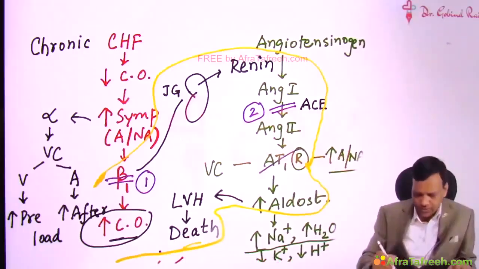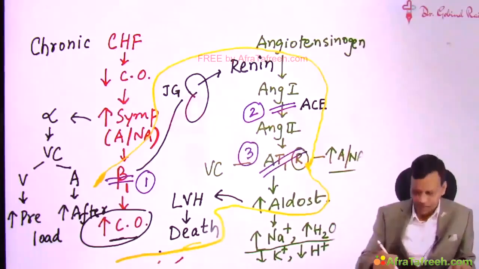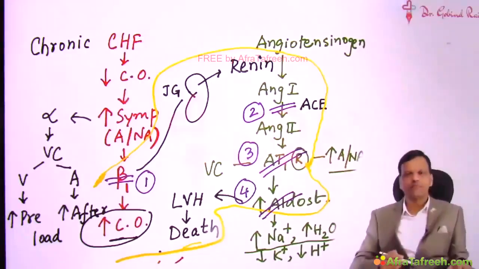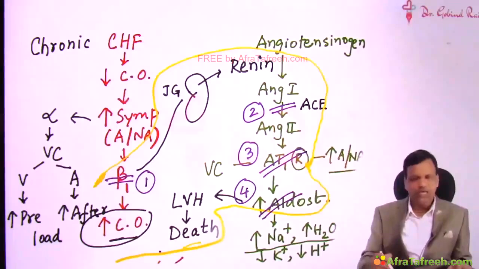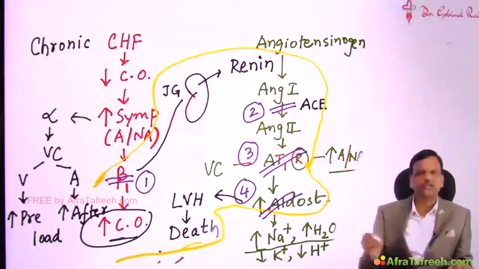Third, we can use AT1 receptor blockers, angiotensin receptor blockers. And lastly, we can use aldosterone antagonists. So 4 types of drugs: beta blockers, ACE inhibitors, angiotensin receptor blockers, and aldosterone antagonists. These are used to reverse left ventricular hypertrophy, so they can decrease mortality.